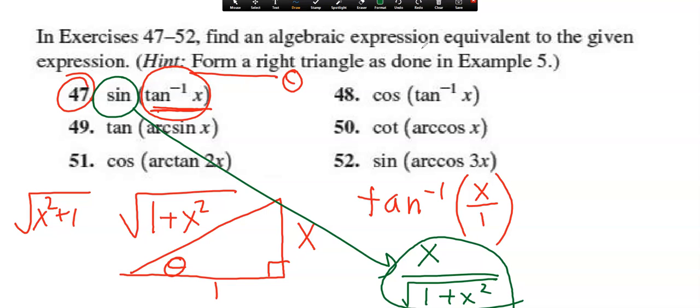After that, I need to pay attention to the trig function on the outside to know which one they're asking me for. Okay, any other questions on 4.7?